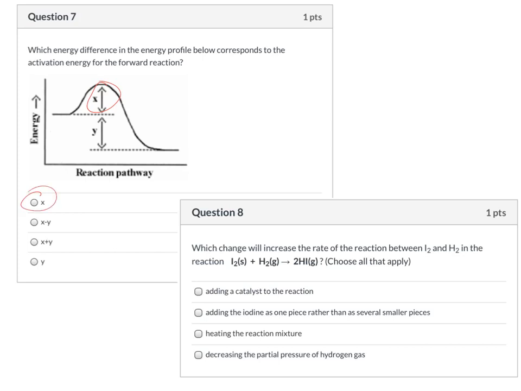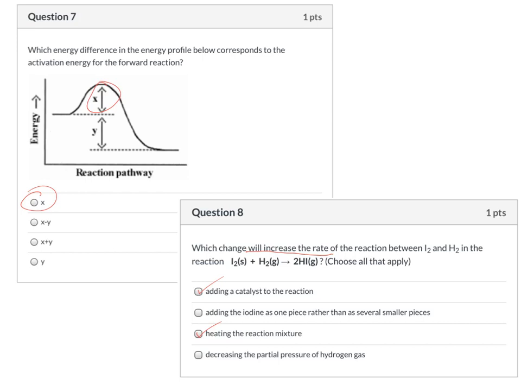Question 8. Which change will increase the rate of the reaction between I2 and H2 in the reaction I2 plus H2 goes to 2HI? Choose all that apply. We should know that adding a catalyst will increase the rate. Heating something up increases how fast things react.